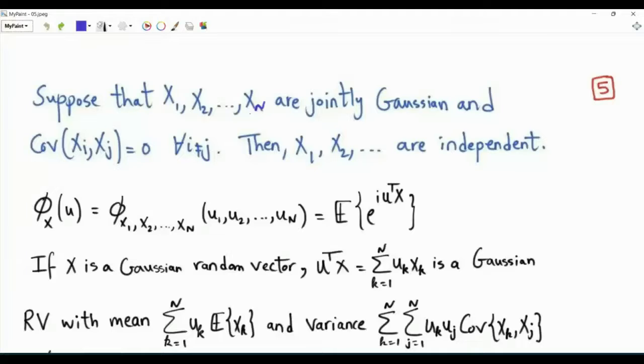But if our random variables are jointly Gaussian, then uncorrelatedness implies independence. So if we have a bunch of jointly Gaussian random variables, and we show that they are pairwise uncorrelated, then it must be the case that they are independent.